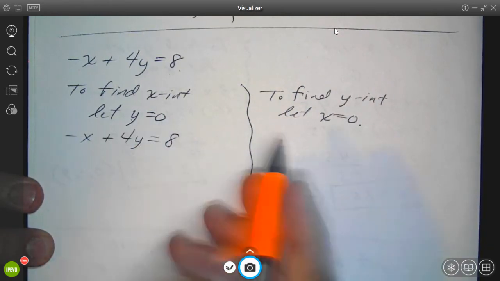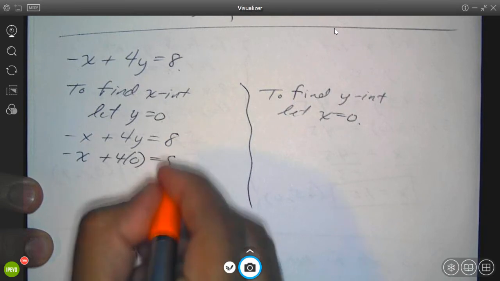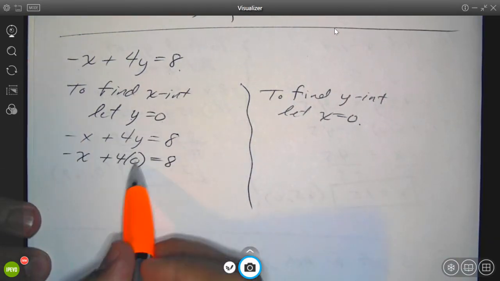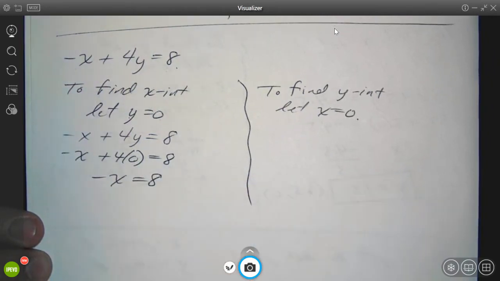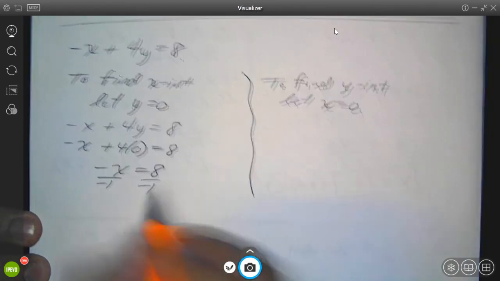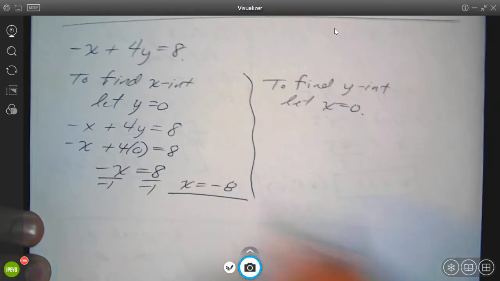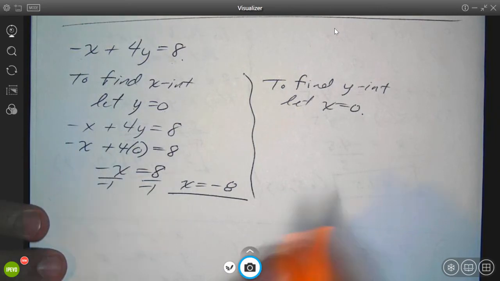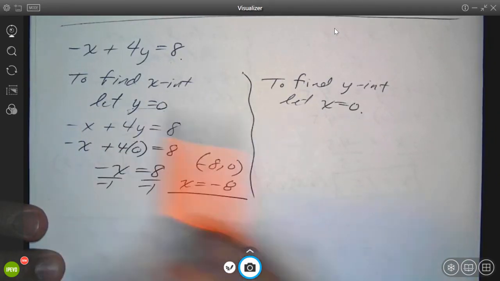Let y equal 0, so I have negative x plus 4 times 0 is equal to 8. 4 times 0 goes away, so I'm left with negative x equals 8. How do we solve for x here? We divide by that negative 1. So x equals negative 8. And remember, in point form, this is negative 8 comma 0 because we let y equal 0.